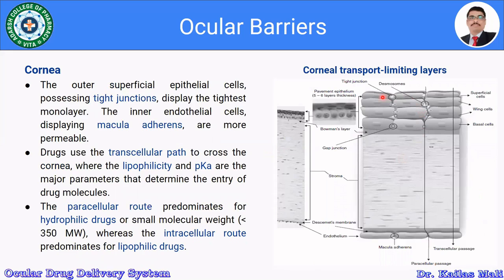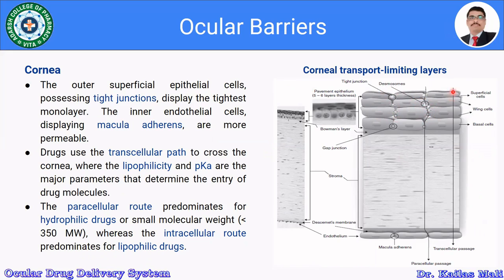In the cornea, the outer superficial epithelial cells are joined by tight junctions, and the inner endothelial cells display macula adherens, which are more permeable, joined by loose desmosomes.